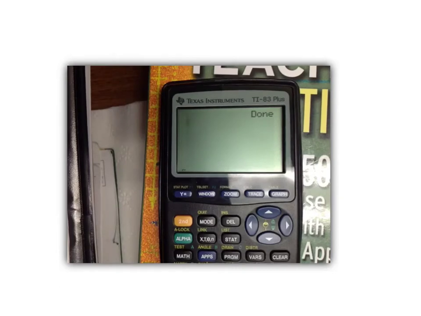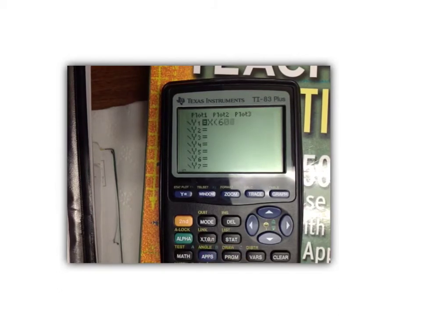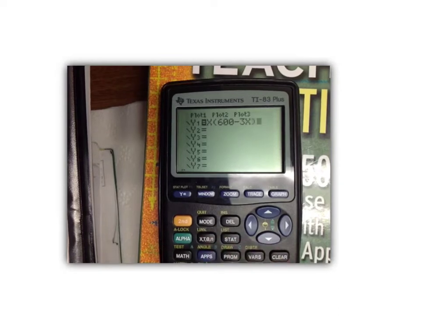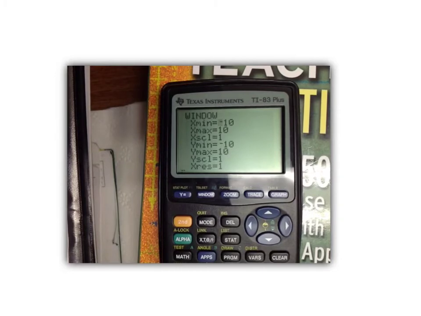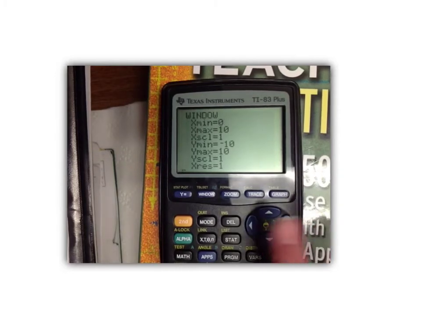The next question asks, what dimensions for the total enclosed region would give us an area of 22,500 square feet? So what we need to do is graph this. I'm going to go into my y equals, and I'm going to put x times 600 minus 3x. And when I set up my window, I know that x's have to be in between 0 and 300.